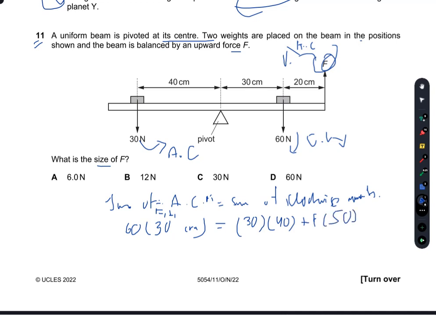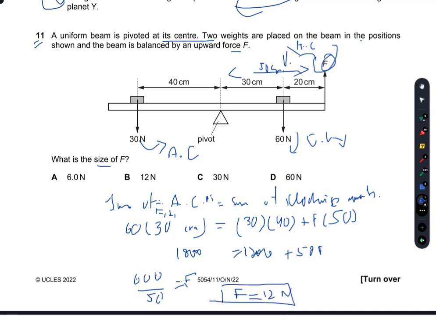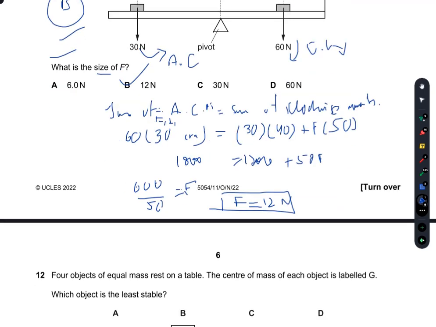This force is acting at this 50 centimeters. So now if I do the calculation, that is 1200 plus 50F, which is equal to 1800. So I am left with 600, and I divide it by 50 to get the force. So the force is equal to 12 newtons. So that means B is the right option.